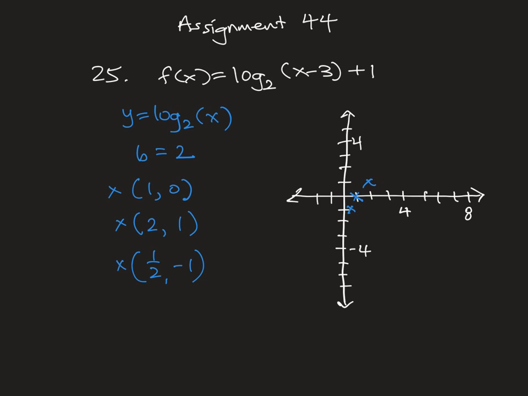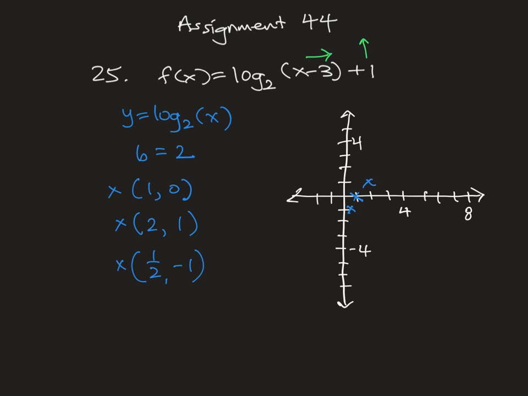but that's not the graph that we want. We want f of x equals the log base 2 of x minus 3 plus 1. So let's review. This subtracting 3 is going to move the entire graph 3 units to the right, including the vertical asymptote, and this plus 1 is going to move the entire graph up 1 unit. Okay, so I'm going to start with my asymptote this time.